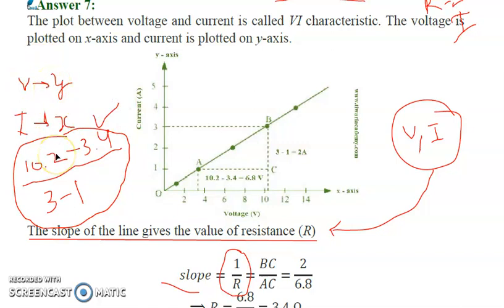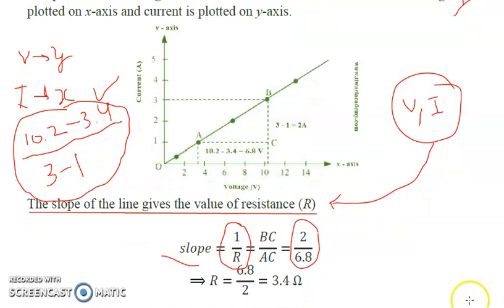So in the numerator it will be the difference of y coordinates, and in the denominator the difference of x coordinates. Unlike here, in the numerator it has been the difference for x coordinates, meaning current, and in the denominator the difference for the voltage.